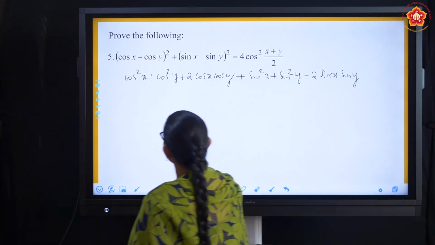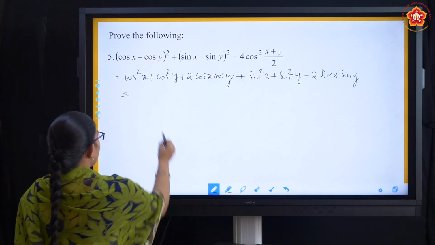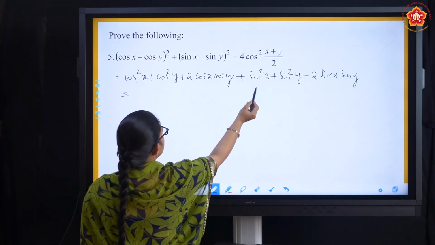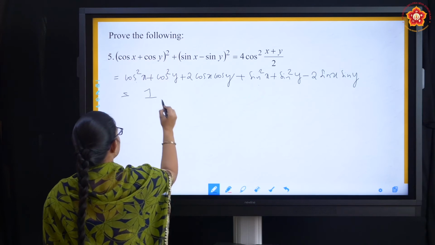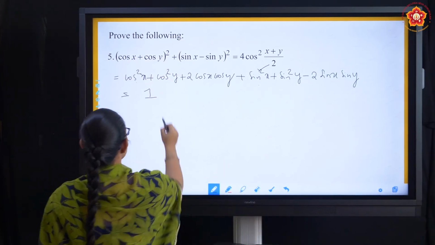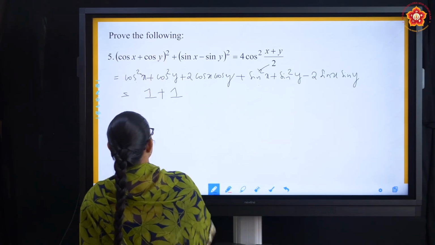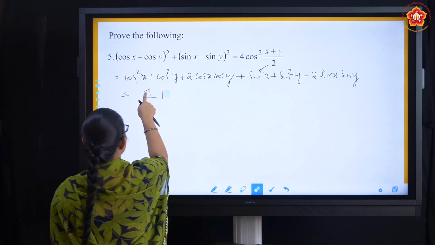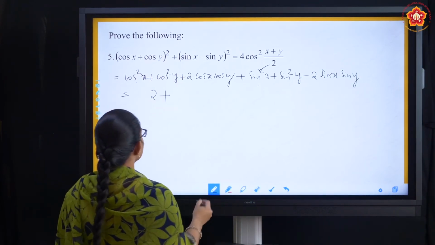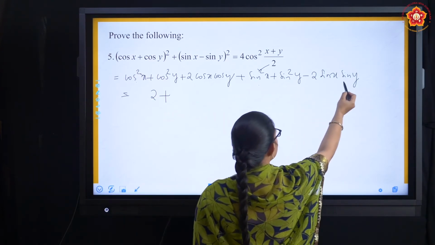Now which is equal to, cos square x plus sin square x, we can write it as 1 here, right? Cos square x plus sin square x is equal to 1, and similarly cos square y plus sin square y is also equal to 1. So 1 plus 1 we have 2 plus 2 cos x cos y minus 2 sin x sin y.